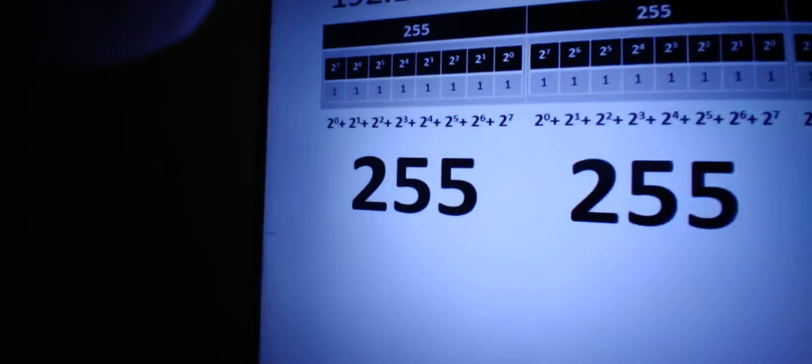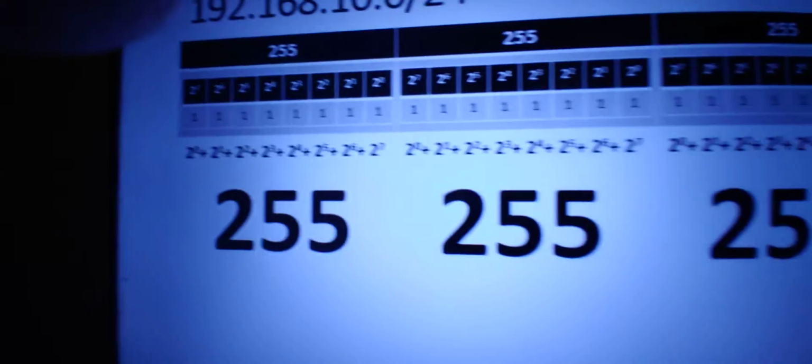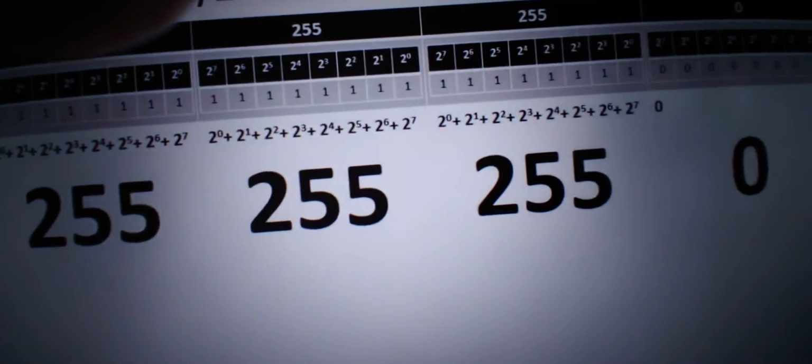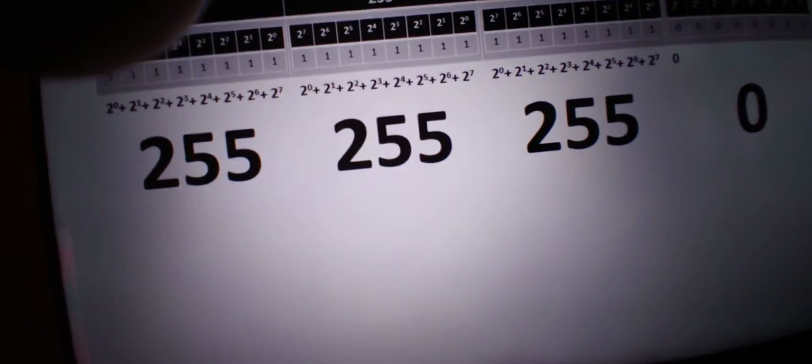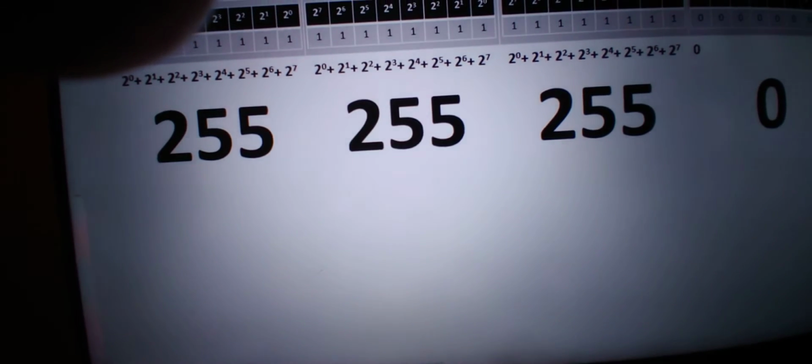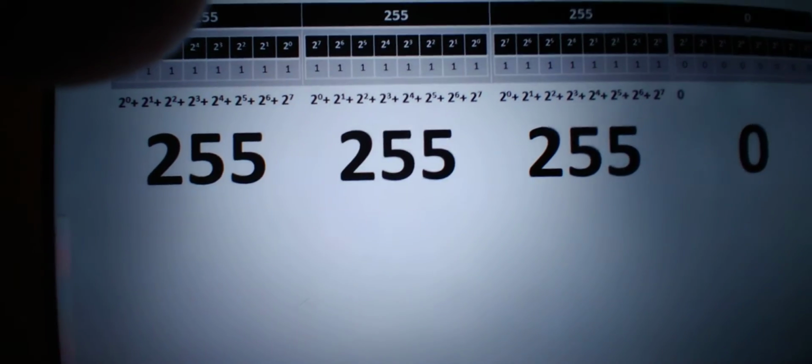So when we add it all up, we get 255.255.255.0.